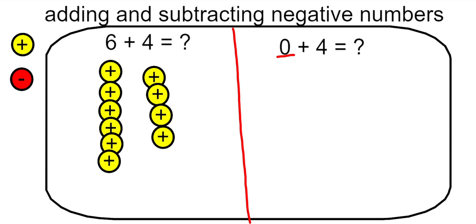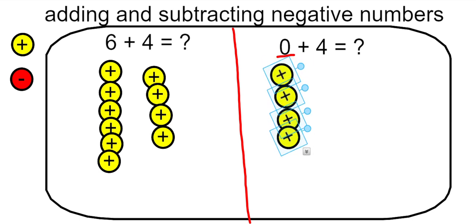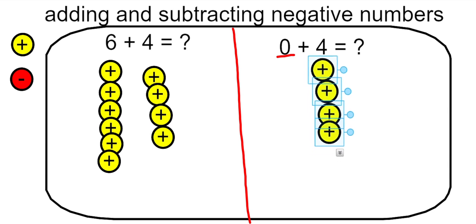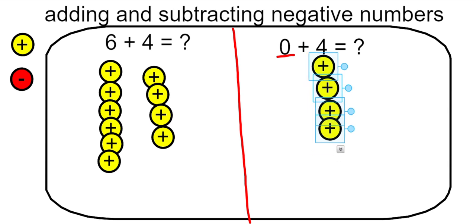So I need to add 4. That's easy. We literally bring in 4 of our numbers. I should have probably put these under my positive 4 instead of below the 0, but that's okay. I think you understand what we're working with here. I started off with nothing, and now I have a positive 4.